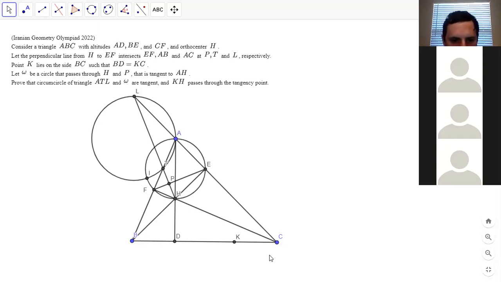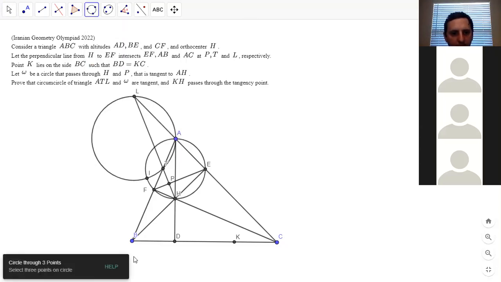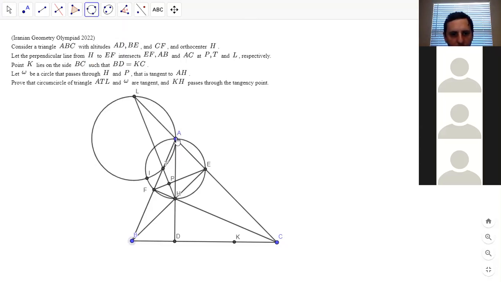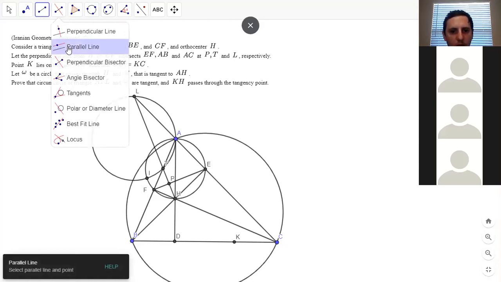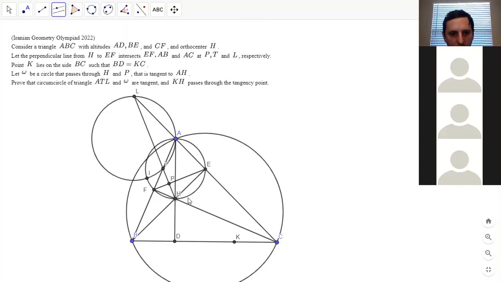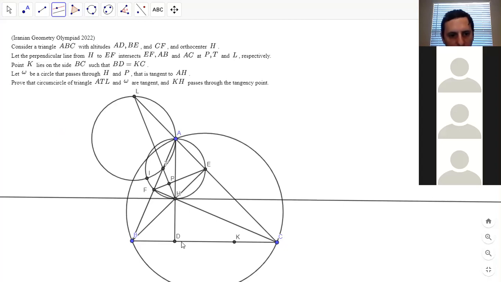So maybe it's worth drawing the circumcircle of ABC. Yeah. Draw the parallel through H to BC. Okay. So yeah, it's going to be tangent to that circle. Let it intersect AB and AC.